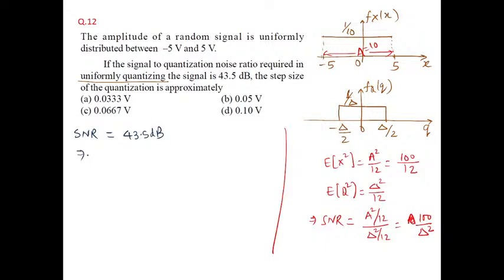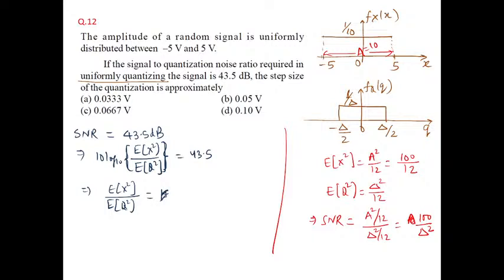So this implies 10 log to the base 10 of Ex square divided by Eq square is equal to 43.5, or Ex square divided by Eq square is equal to 10 raised to power 4.35, and we can easily calculate it.